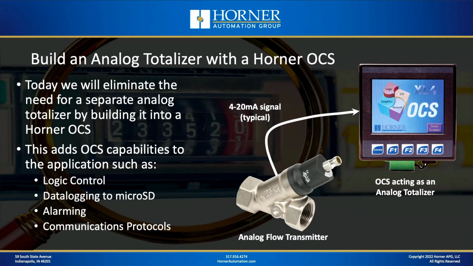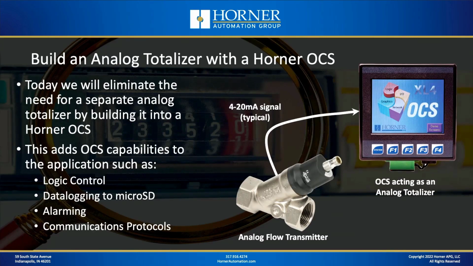Why do we want to do analog totalizing with an OCS? Well, there's a few reasons. First of all, you eliminate the need for a separate instrument to totalize your flow. By having that function built into the OCS, you can take advantage not only of calculating flow, but also the logic control capability, the data logging capability in the OCS, and alarming in case your flow goes below a certain level or above a certain level.